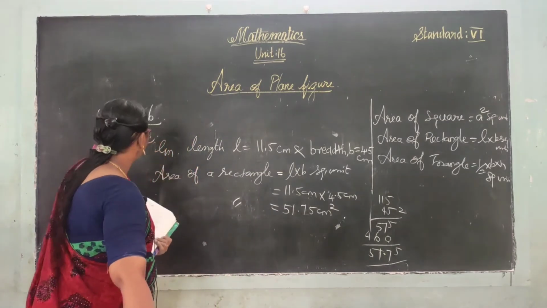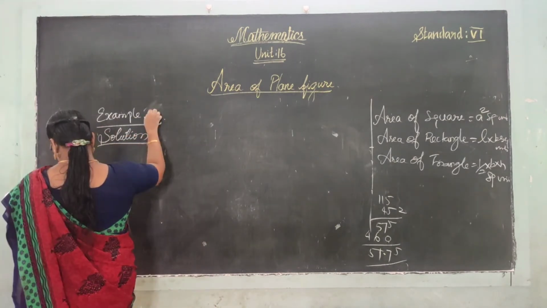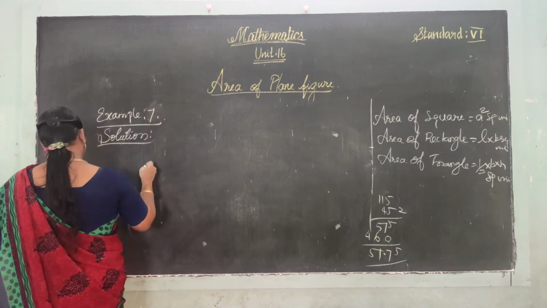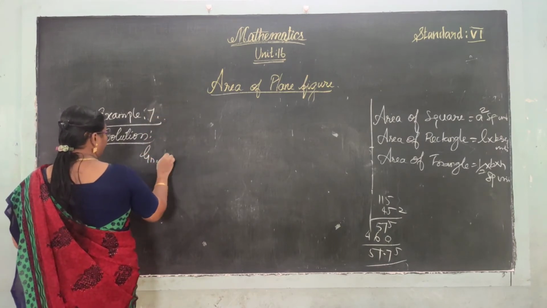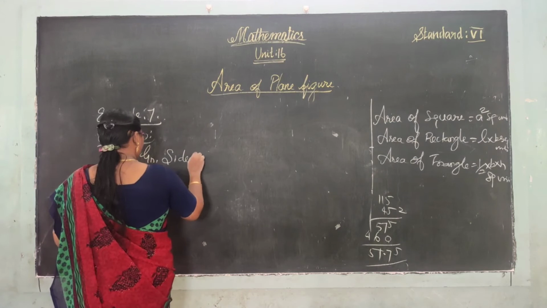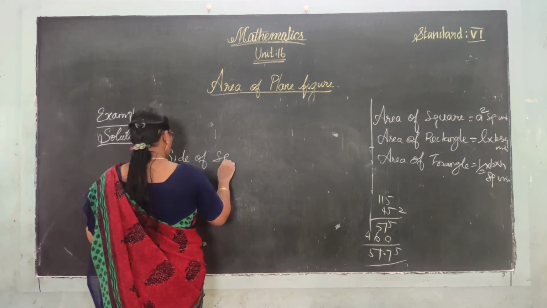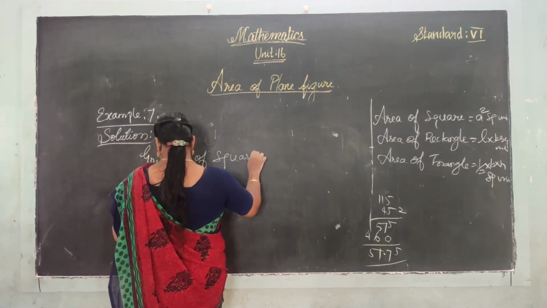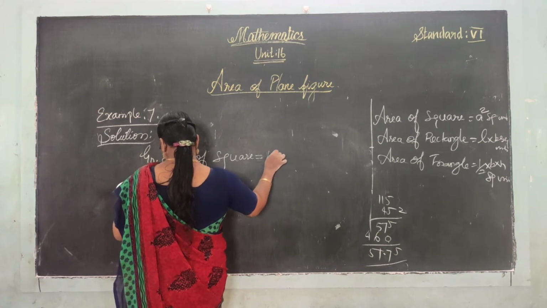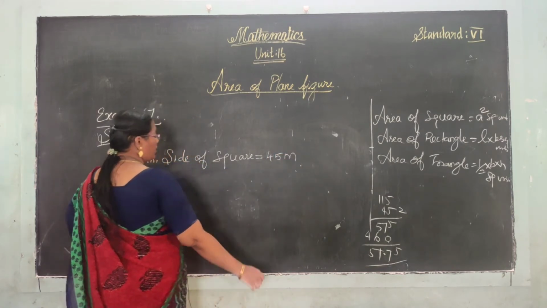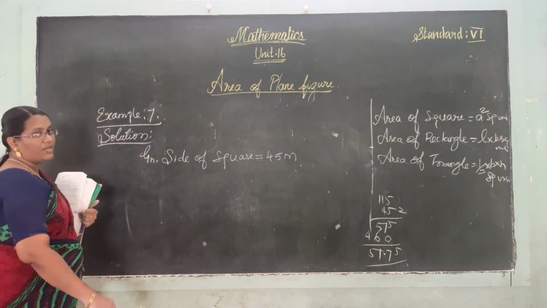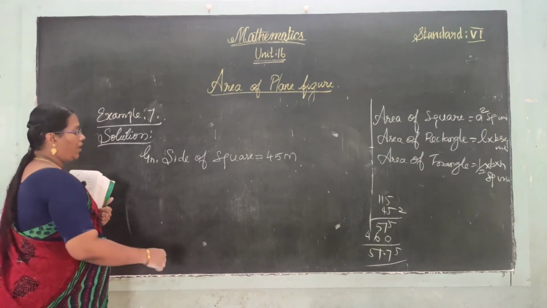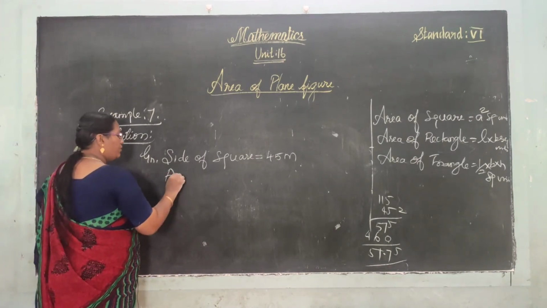Okay, example 7. Given side of square is equal to 45 meter. So cost of leveling, which place we have to level, inside of that plot. Okay, so area we have to find out.